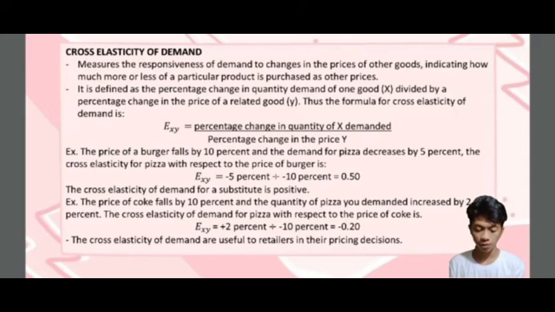As we have already noted, two goods are considered substitutes if there is a positive relationship between the quantity demanded of one good and the price of the other good. For example, an increase in the price of bananas increases the demand for mangoes as consumers substitute mangoes for bananas.